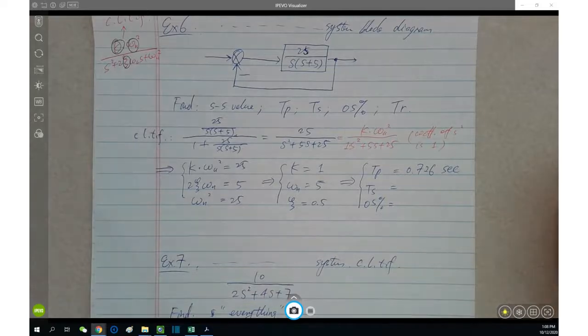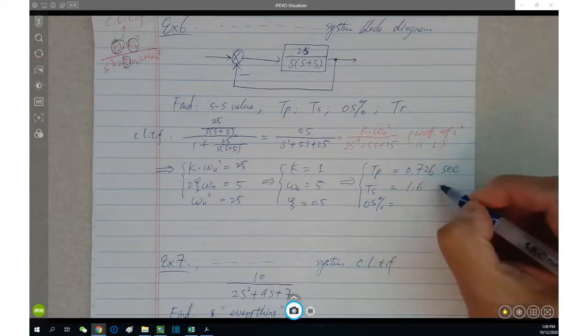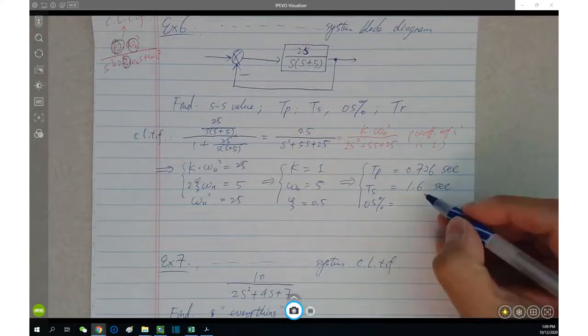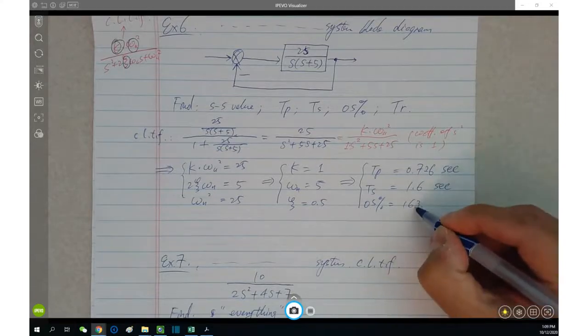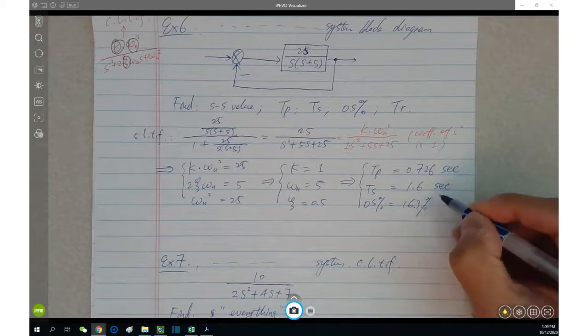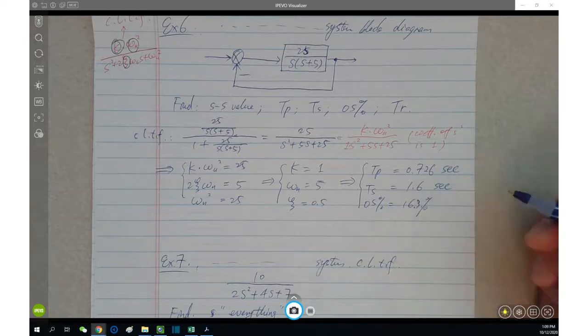Anything more? If no more, then this is TS, and then 16.3% of overshoot. And then the last one is the rising time.